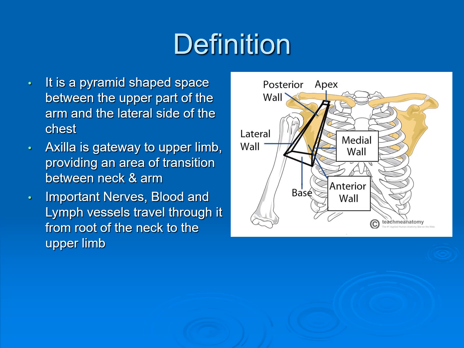When you lower it, you're going to see that the space is quite constricted. So it helps to transmit important nerves of the upper limb from their beginning point in the cervical region, smoothly and in a protected form to the upper limb.